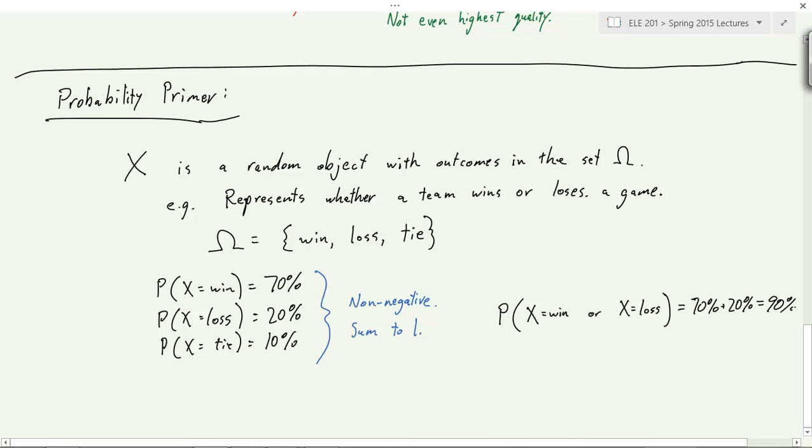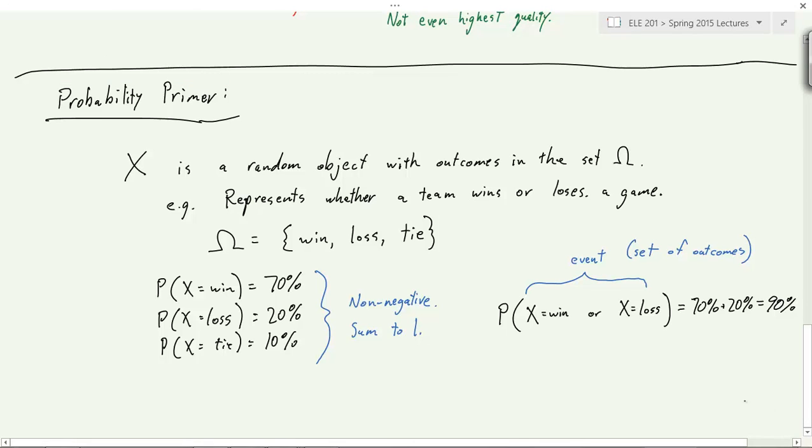So the other basic rule of probability is that if you take a collection of disjoint events, their probabilities sum. We call this whole thing an event, a set of outcomes. So you can talk about probabilities not just of the individual outcomes, but of sets of outcomes. Say the probability that X is in this set is 90%.